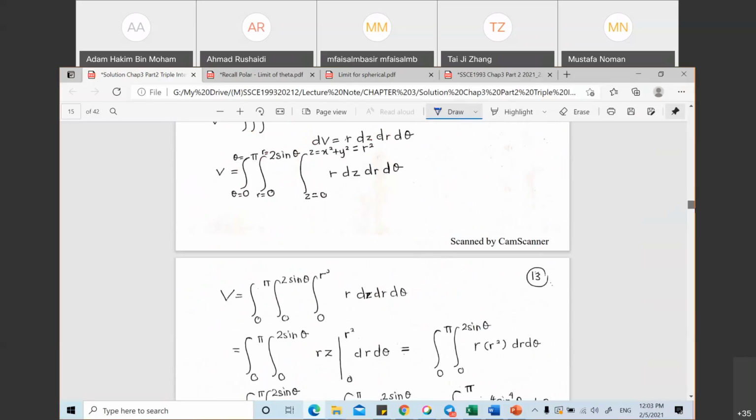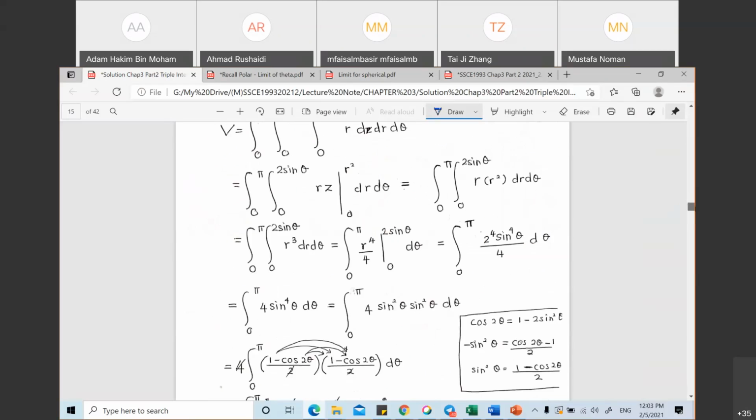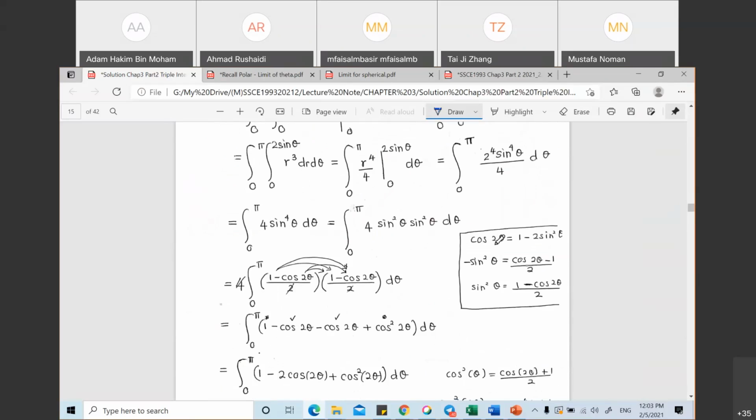Then the others just follow, 0 to r squared. Remember, there is no x and y after you convert to cylindrical coordinates. So remember, do the innermost one first, then the second one, and then the outermost. If you find something like this that you cannot solve, you have to change the identity because it is simpler to integrate.